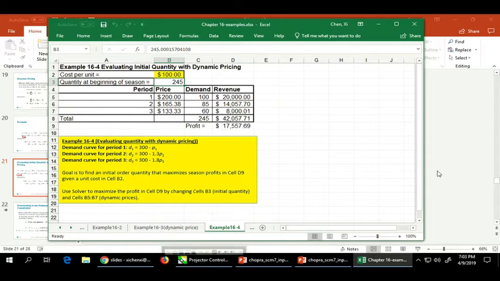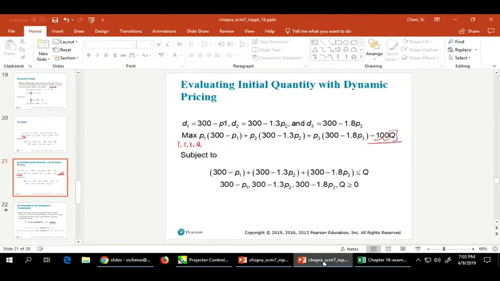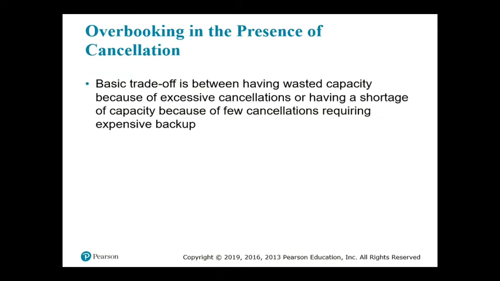All right, so for products with perishability, another tactic to deal with the uncertainty of possible cancellation later on is to use overbooking.